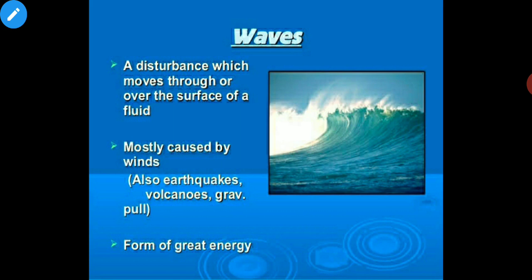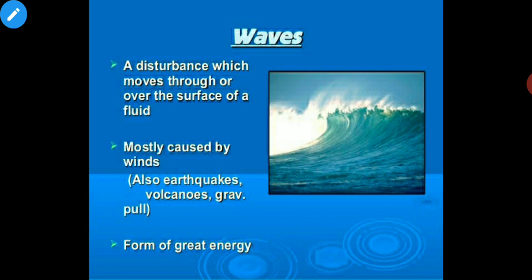These waves travel in the direction of the wind, and the height of the waves depends upon the intensity of the winds that blow. A lightly flowing wind forms gentle waves, while strong winds form very huge and high waves, which can be disastrous and terrible.